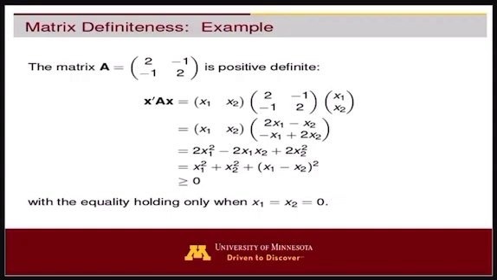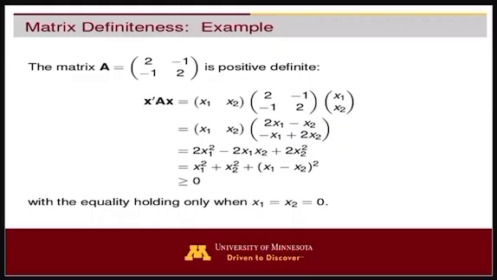Does that make sense? Now, if I have a matrix A and I want to investigate whether this matrix is positive definite, negative definite, semi-positive definite or semi-negative definite, then I need to obtain the quadratic form.